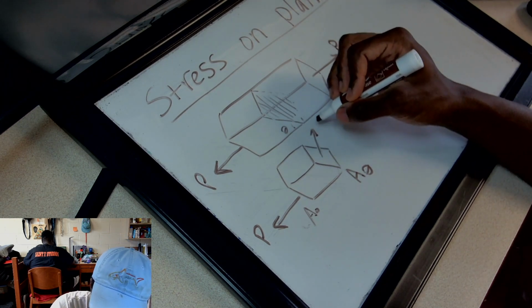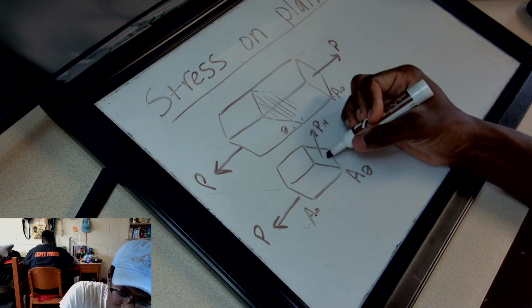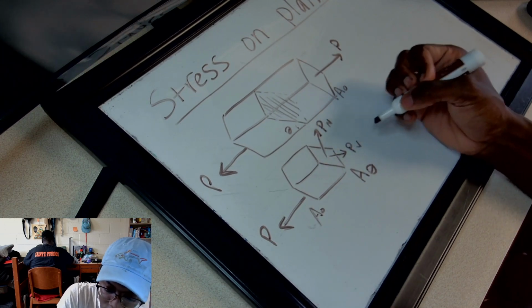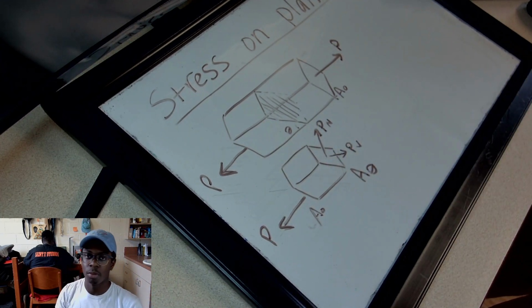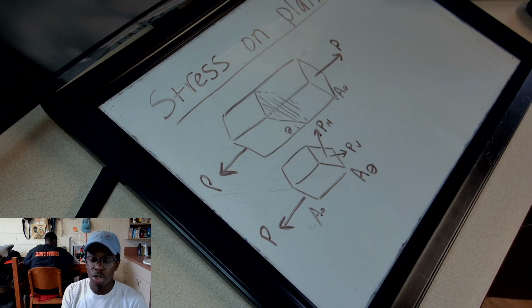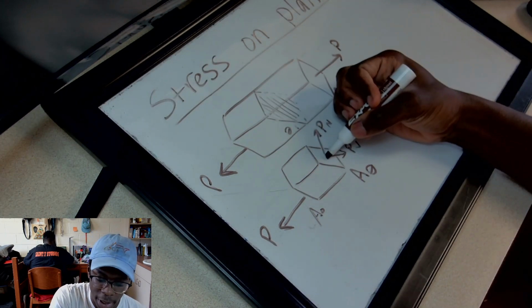So we're going to break this into a P normal to this surface, and we're also going to have a P that is shear to this surface. So now we have normal forces and shear forces because we have this plane at an angle.